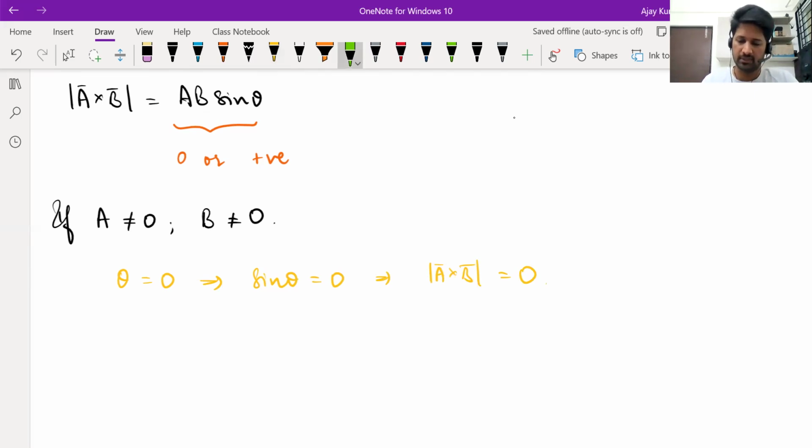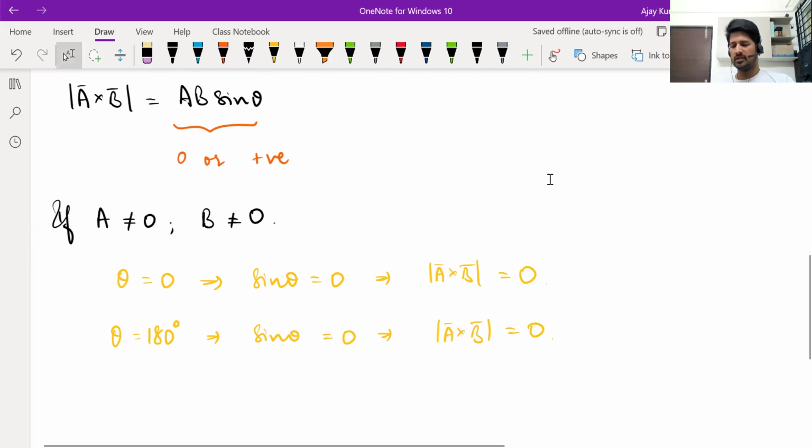of AB sine theta becoming 0? So 180 degrees. For 180 also, correct. Theta is 180 degrees, means vectors are opposite to each other. In that case also sine theta will be 0 and the magnitude of cross product will be 0.